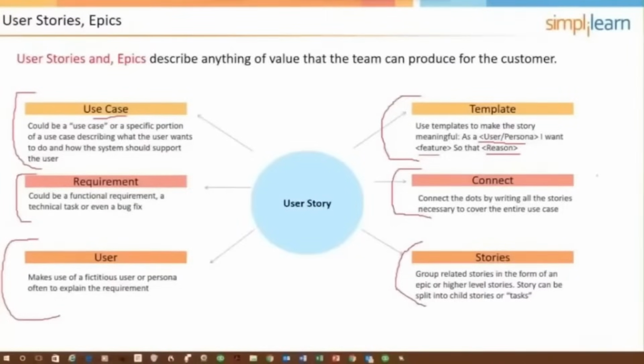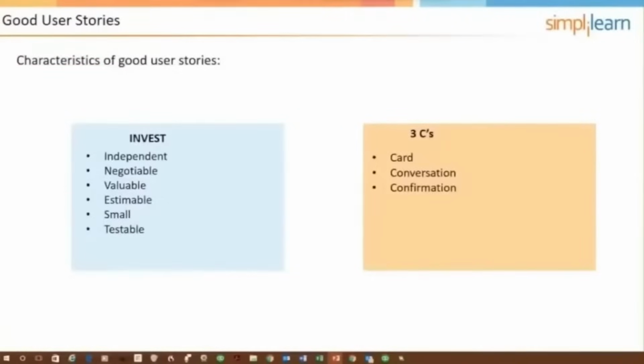Now, here are some things that I want you to memorize. You were done with the memorization part. So I want you to remember that we have to invest in our user stories. And I was going over to the whiteboard and I didn't change cameras, so let me do that.